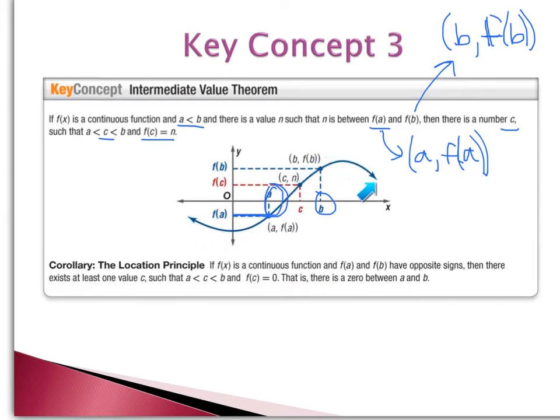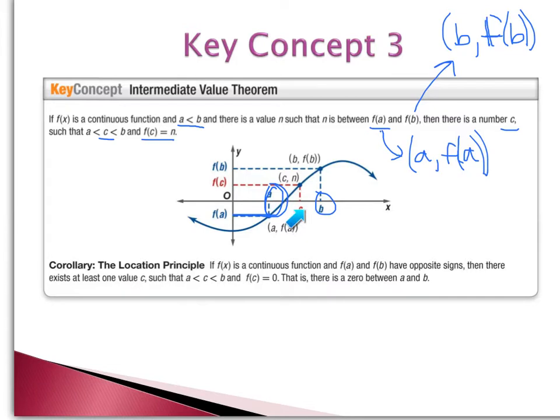If we have this a value and we go to the graph and across to the y-axis, our y-coordinate would be f of a. Now, a is less than b because b is farther to the right on the number line than a. And if we go up to the graph at b, we will have a y-coordinate named f of b, the function evaluated at an x-coordinate of b.